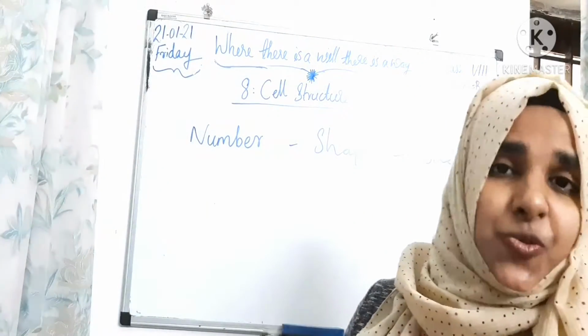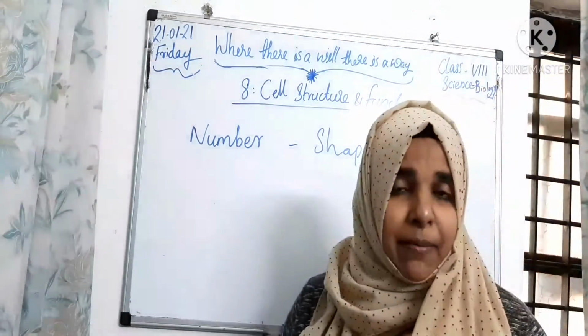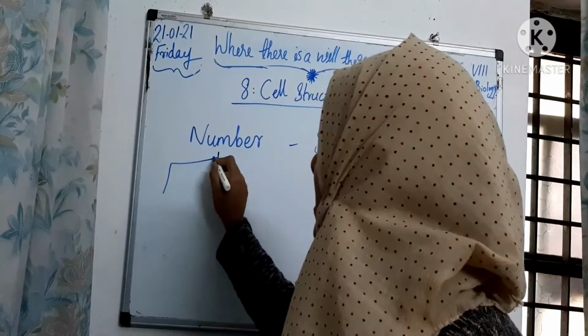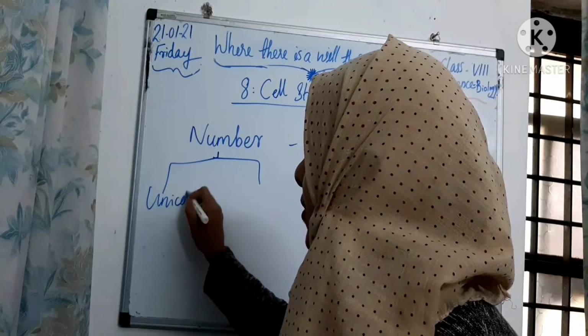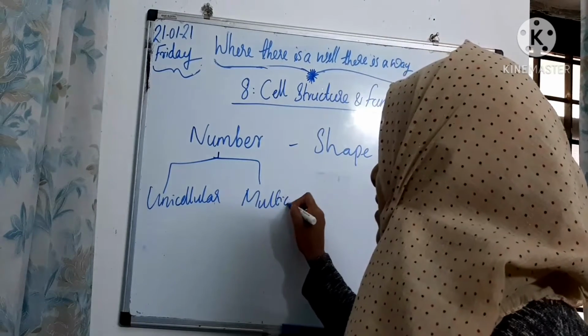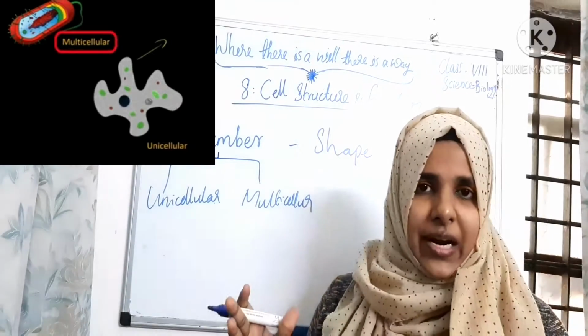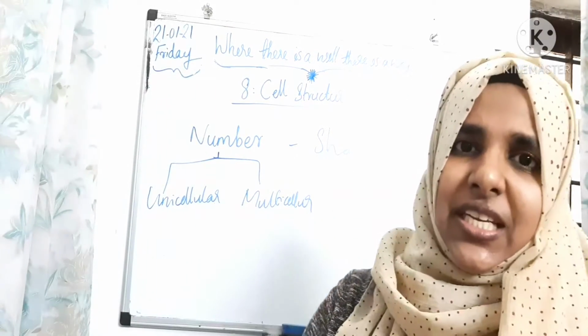So students, cells vary in their number, shape and size. Based on the number, cells can be classified into two: unicellular and multicellular organisms. What is unicellular and multicellular, children? Unicellular, the name itself, uni, means only one cell is present in an organism.